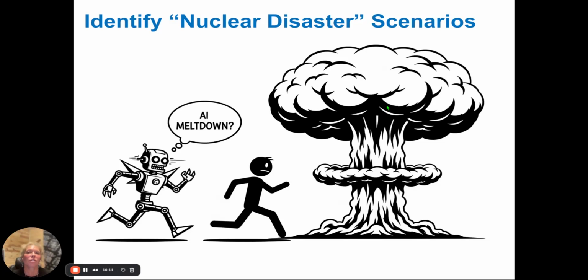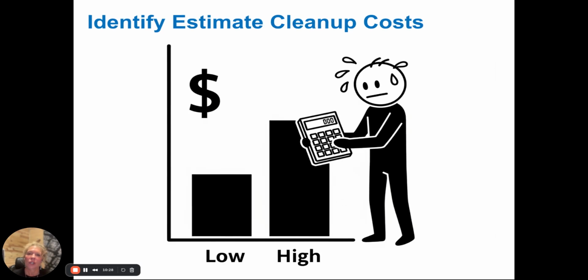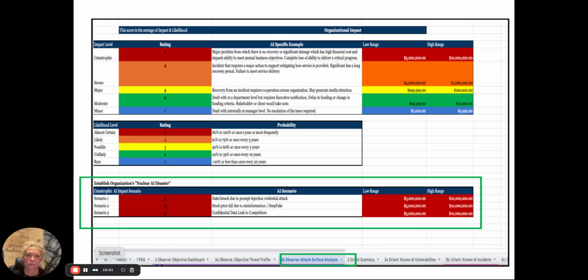The next step is to identify your nuclear disaster scenarios. It's important to think about what is the worst day? What is the worst possible thing that could happen? And then work backwards. How do you make sure that that never happens? You want to make sure to include your cleanup costs. If that nuclear disaster event happens, how costly will that be to your organization?